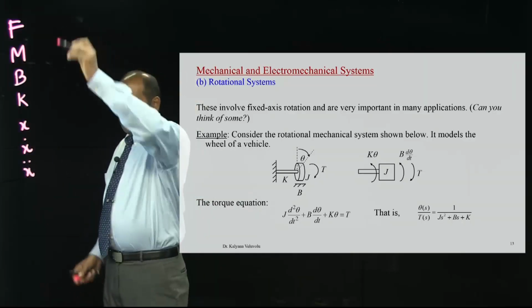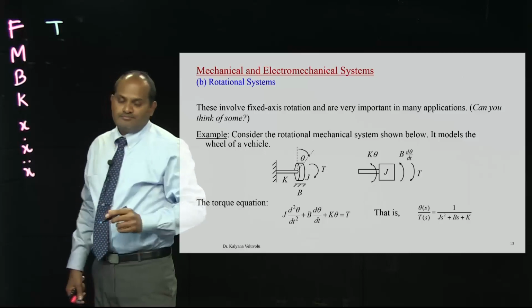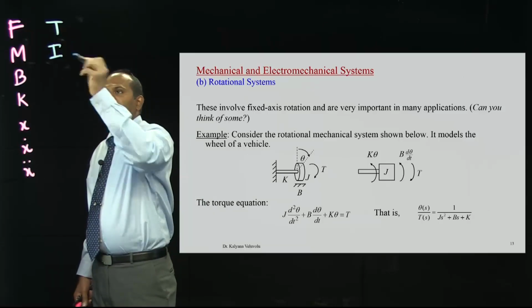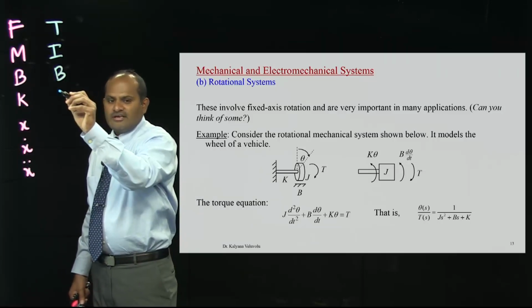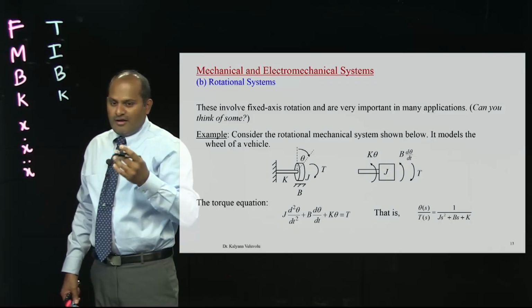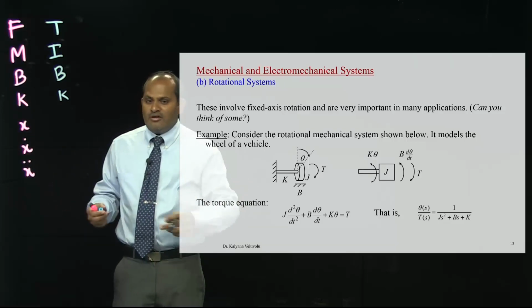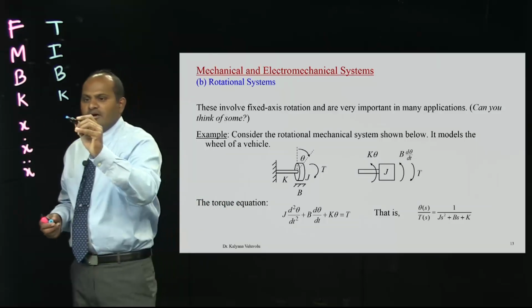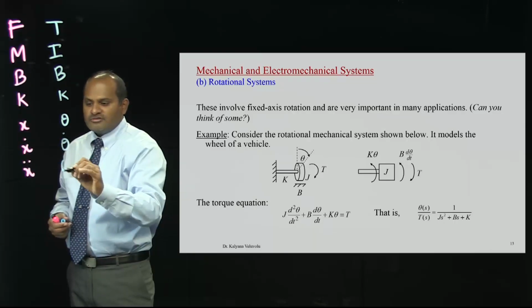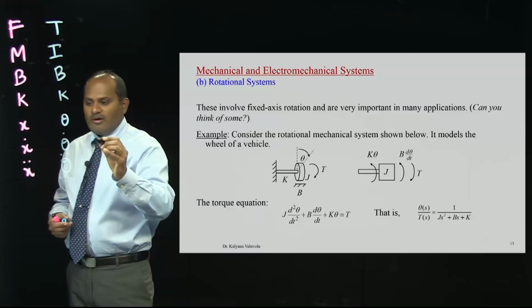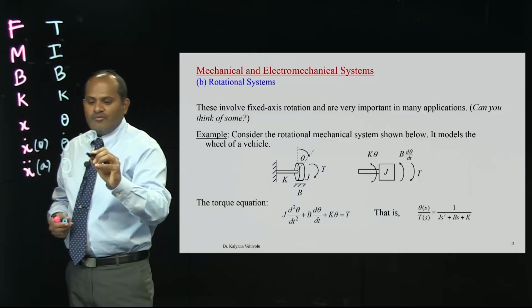Coming to rotational systems, F becomes torque, mass becomes moment of inertia, B is written as rotational viscous friction, K as rotational spring constant, and now displacement, which in translational movement is linear, in rotation is angular. So x becomes theta, x dot becomes theta dot, x double dot becomes theta double dot. This is what we call velocity, we get omega, and this we call acceleration, we get alpha.